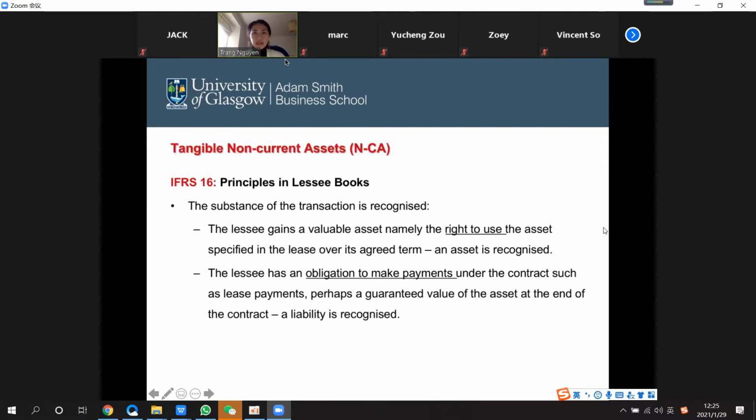This is a hard topic, but it is useful for you to understand when you analyze financial statements, to understand whether firms control that lease or not.